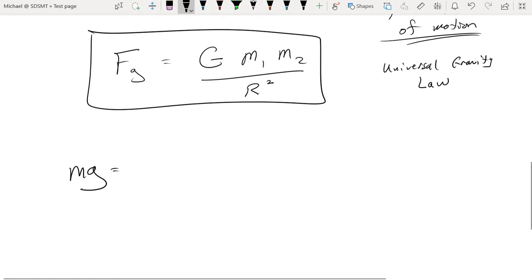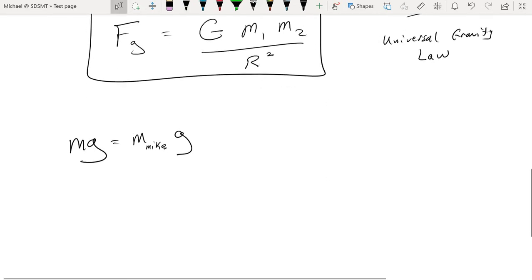So what we need, at least here, is mass of me, mass of Mike, times the acceleration due to gravity, which is 9.81 meters per second squared, and that will give me the value of my weight.